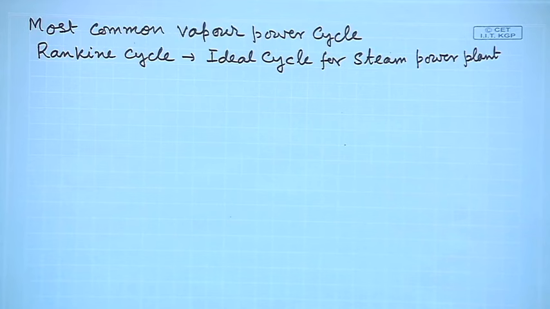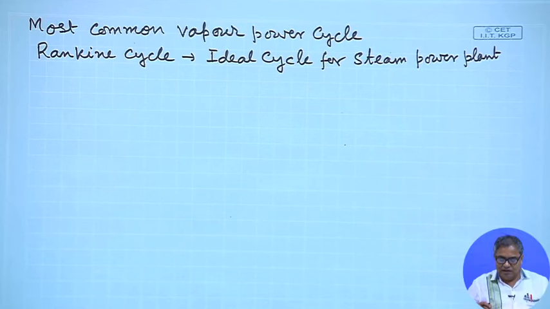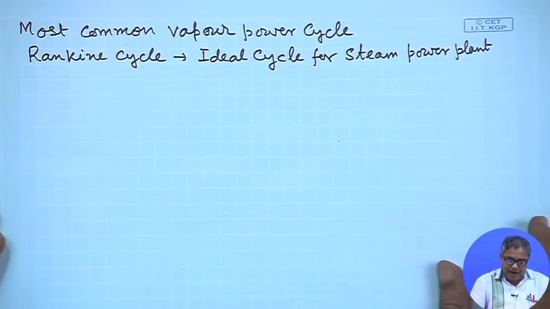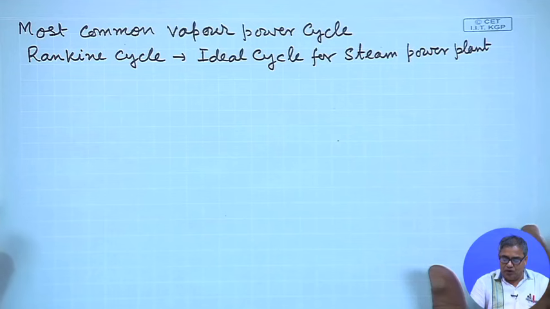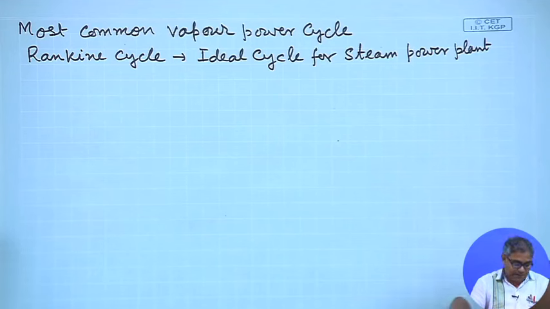Both fossil fuel and nuclear power can be used as the source, as the thermal reservoir for steam power plant. Even it is possible to have steam power plant with some renewables. So, this is very important, and a large portion of the world power is generated by steam power plant.